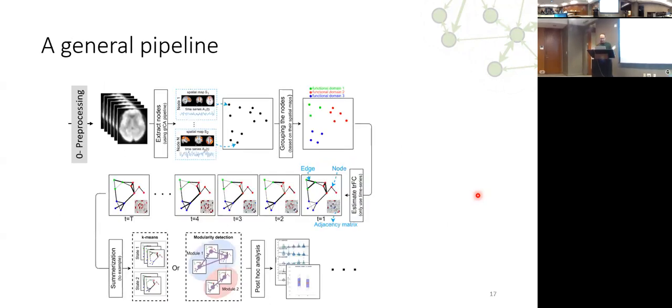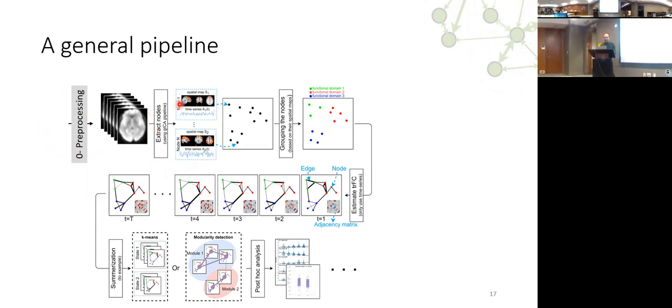If we look at a general pipeline, of course there are way too many ways to do it, but a general pipeline of a method that can use networks to analyze the human brain is something like this. We get the raw data from fMRI using an MRI scanner, and then we pre-process the data.